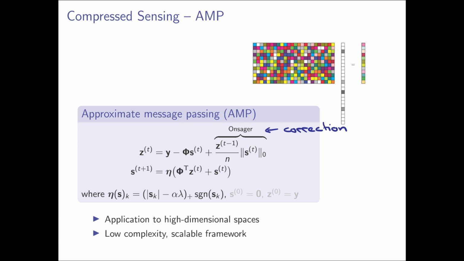Yet it is pertinent to say that for our purposes, AMP is a low complexity solver for large compressed sensing problems, and it is much more general than what's shown on this particular slide. Under some Gaussian assumption and regularity conditions, the AMP framework is remarkably mathematically tractable.